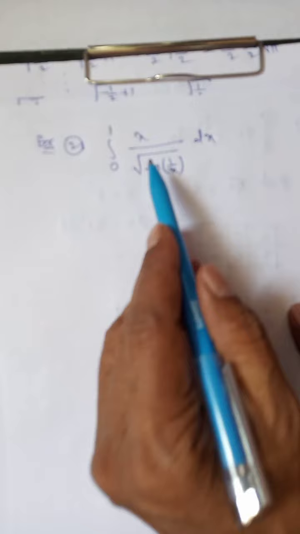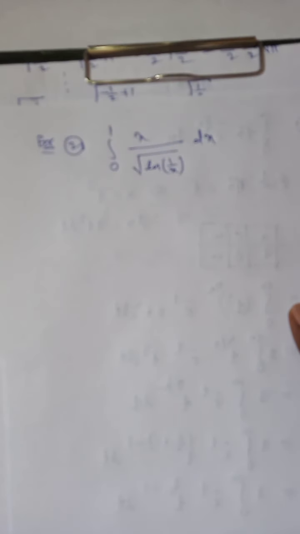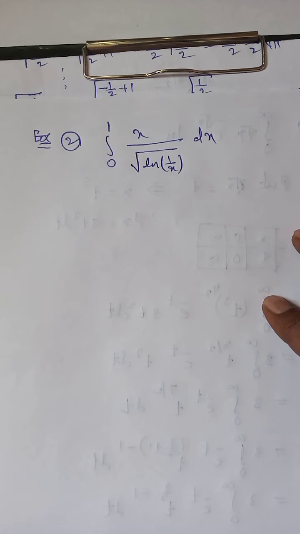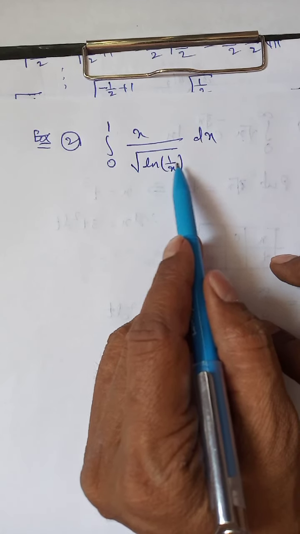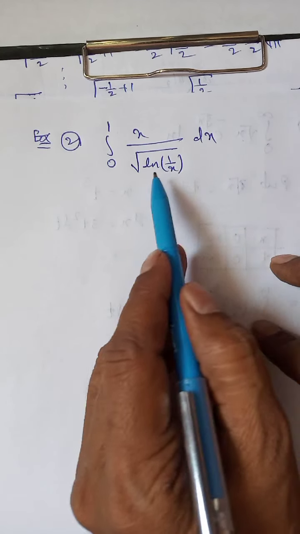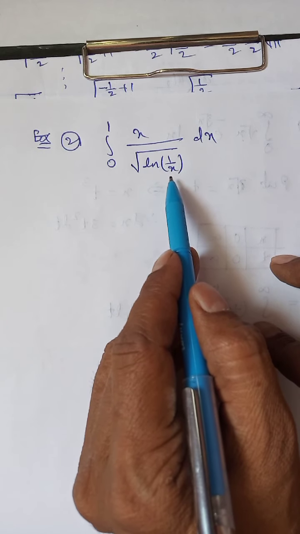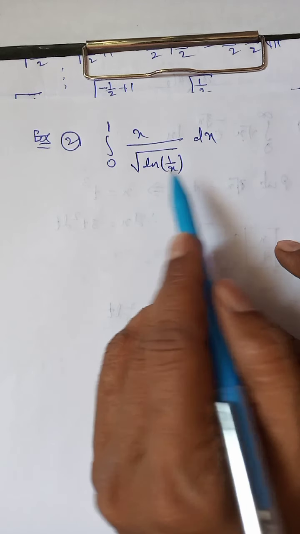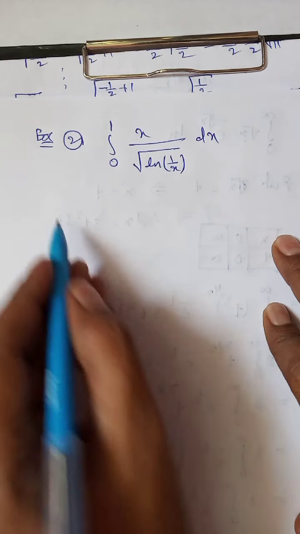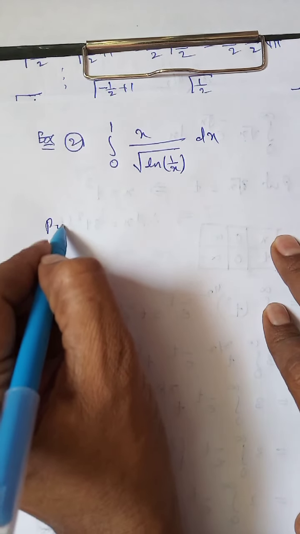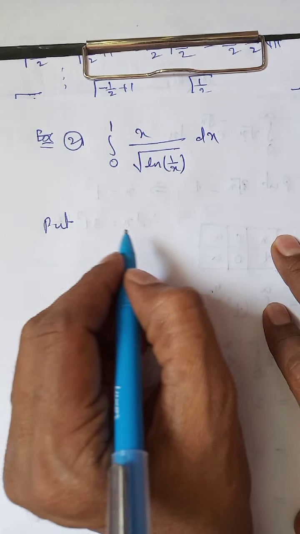It should be algebraic and exponential. So here the algebraic function is there, but another function is a logarithmic function. So we'll convert this logarithmic function into an exponential. To convert it into an exponential function, what do we need to take?